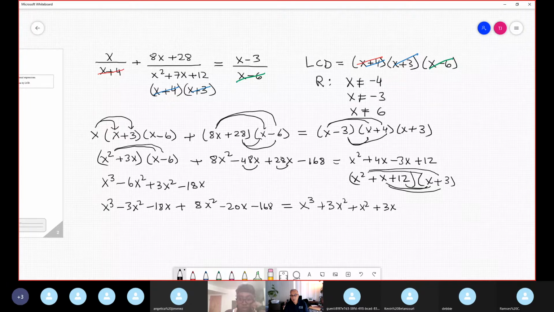And finally 12x plus 36. Wow. So we combine like terms here, which is 4, so x cubed plus 4x squared. This is 15x plus 36.